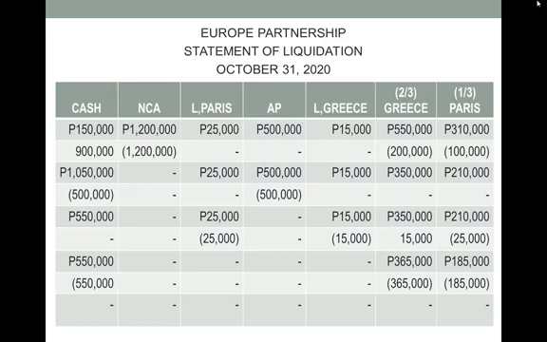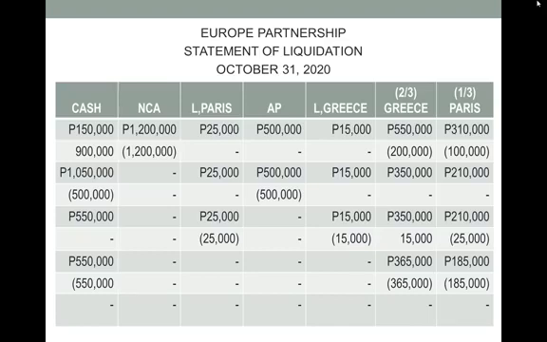Like earlier, it's the same. After you get the loss on realization, you get the balances. Once you have allocated, get the balances of the respective capitals and accounts. Cash is 1,050,000, that is the 150,000 balance plus the proceeds from the sale of non-cash asset of 900,000. The non-cash asset will be at 0, because it has been sold. Then the others: loan from Paris of 25,000, accounts payable of 500,000, loan to Greece of 15,000.